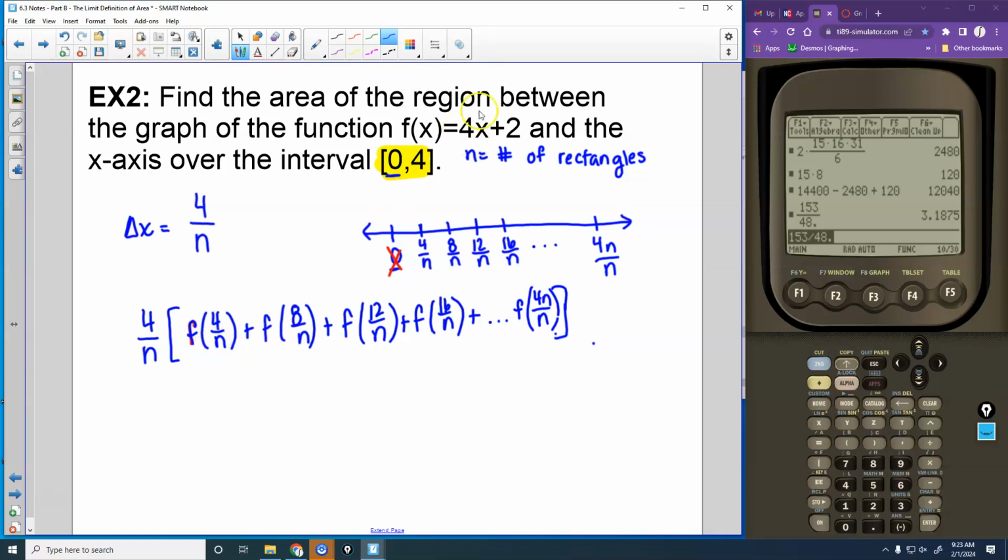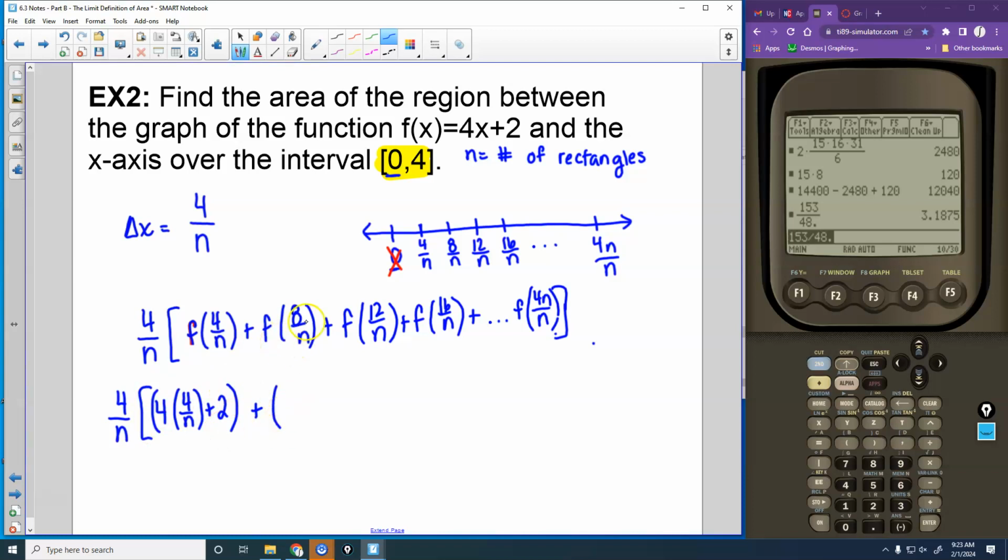So, let's do one more thing here. This is f of 4 over n, which means 4 over n needs to be plugged into our equation right here, right? So that means whenever we have f of 4 over n, we would have 4 times 4 over n plus 2. And I'm going to put a set of parentheses around that.